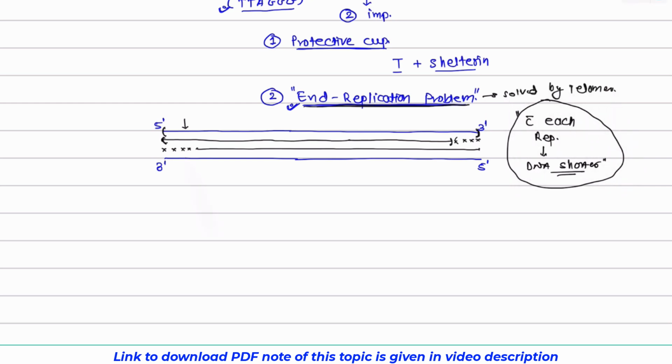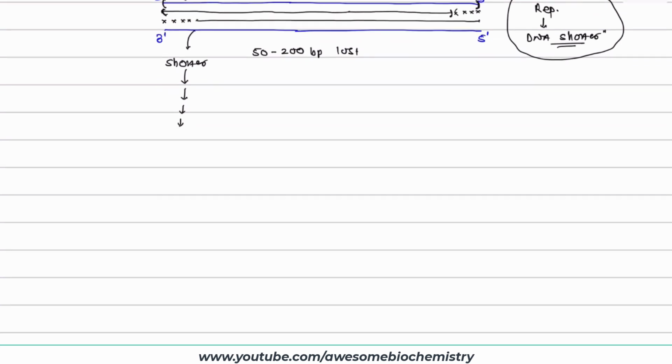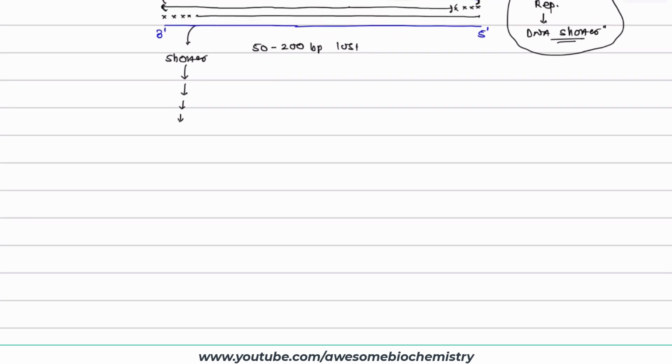Now with each replication, approximately 50 to 200 base pairs are lost. So you can easily imagine that if this DNA undergoes replication, then the daughter DNA will be shorter. Once again this shorter DNA undergoes replication, it will become further shorter. So with each replication cycle, DNA undergoes shortening and shortening. But till what point?